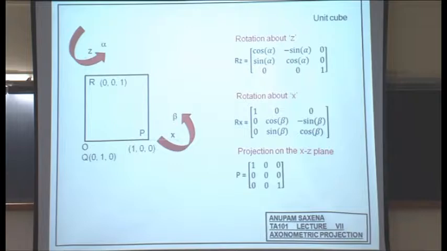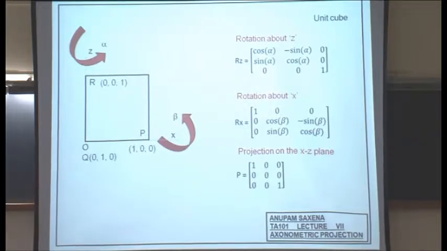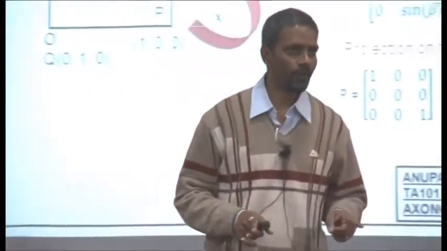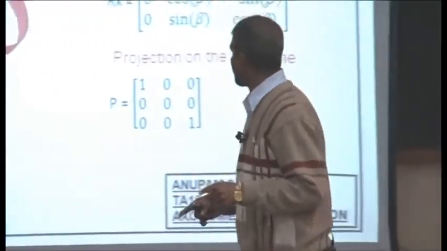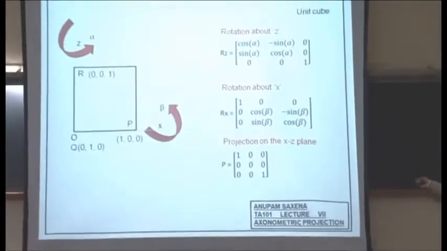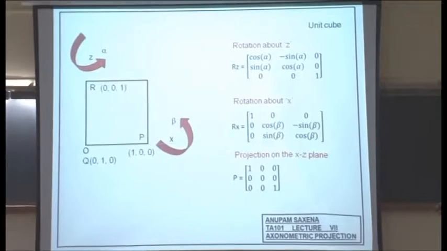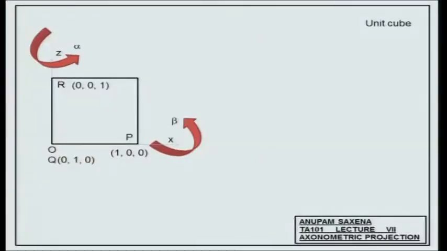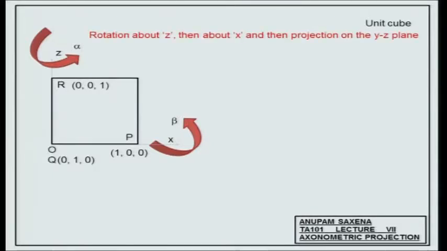Fine? Now, this is the tricky part. When you perform transformations, you have to follow a certain order. First, you are performing rotation about the z. Second, you are performing rotation about the x. And third, you are projecting. When you follow this order, rotation about z, then about x, and then projection on the xz plane, you'll have to pre-multiply matrices.